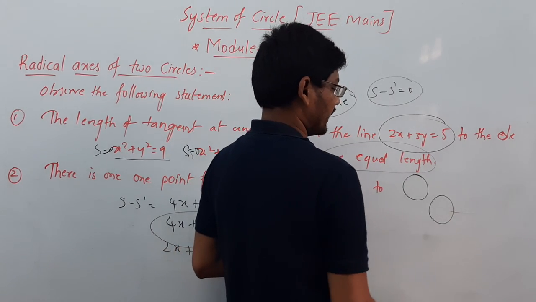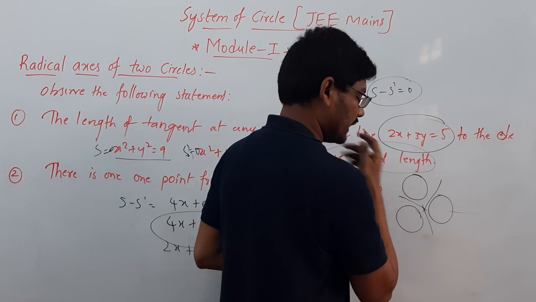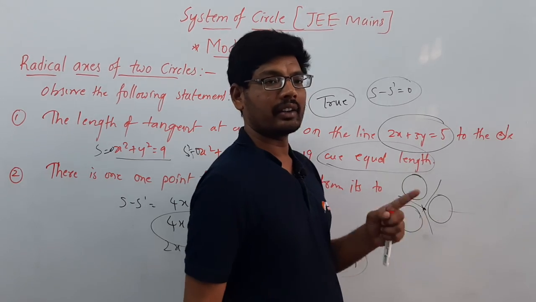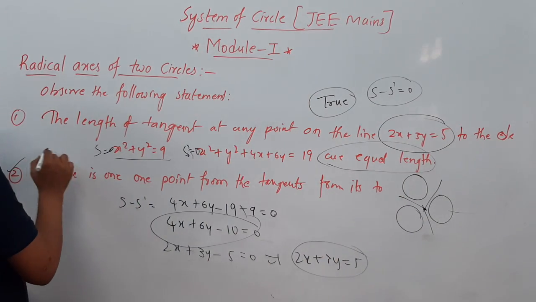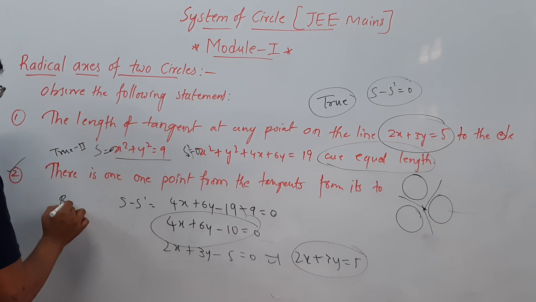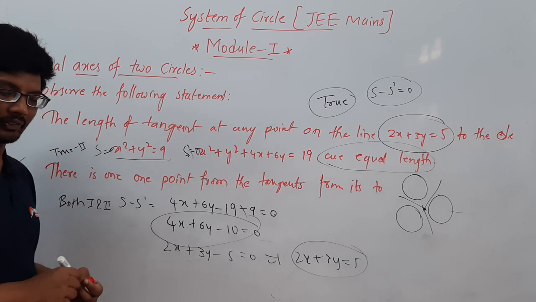If you take any radical center for any circles, there will be only one radical center. That's why it is true here. So both conclusions 1 and 2 are true. This is the solution for this question.